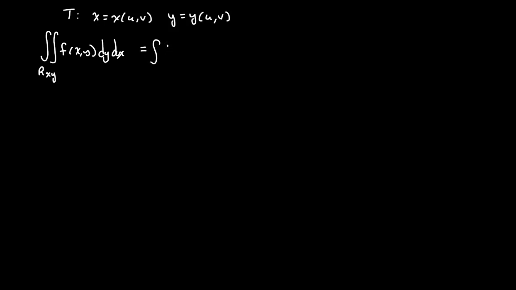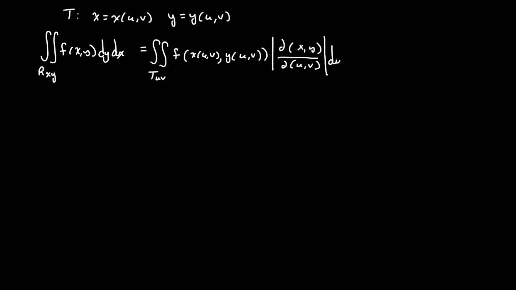In doing that, we're going to have some transformed region over uv of f of x of u and v, y of u and v, and then we have this symbolic notation, partial xy over partial uv, du dv.